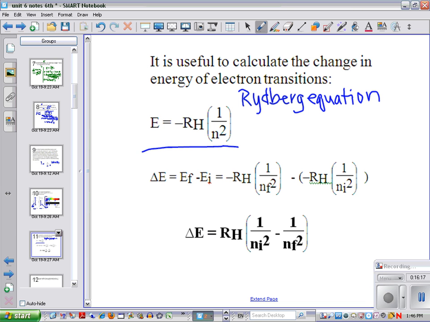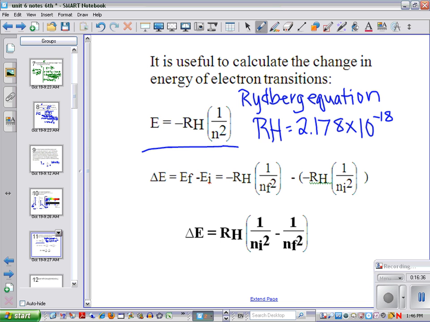Which says that your energy is equal to the negative times the Rydberg constant times 1 over your energy level squared. Your Rydberg constant, RH, is equal to 2.178 times 10 to the negative 18.